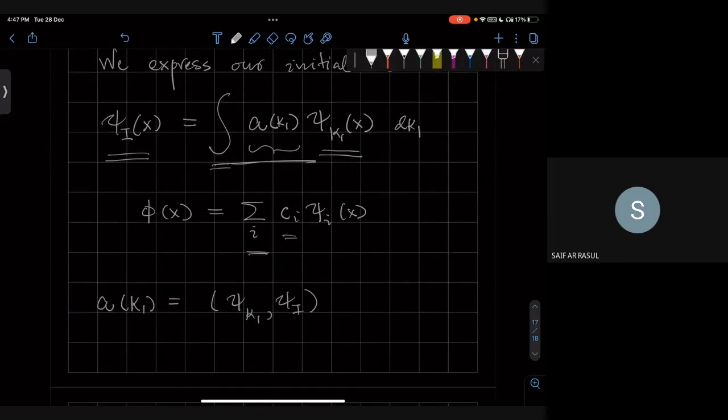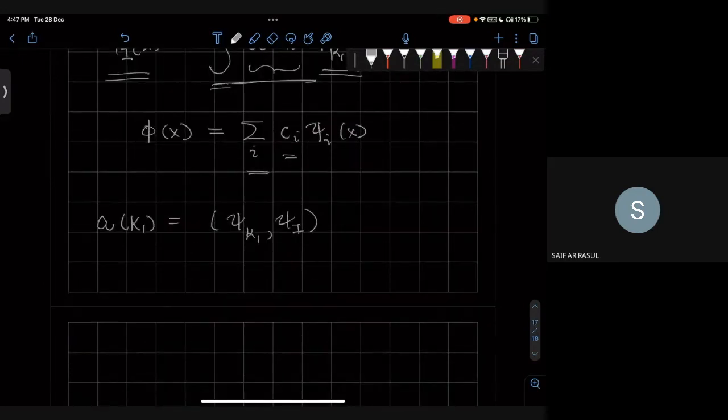So now let's compute this: psi of K1 with psi of I. There's an A here, and the A comes from this guy, and we choose A to be real, so we don't have A star.